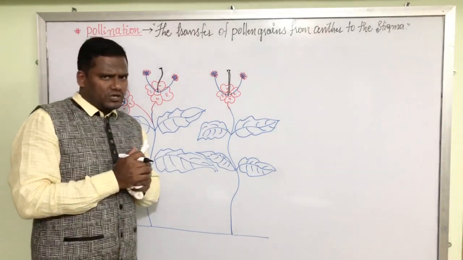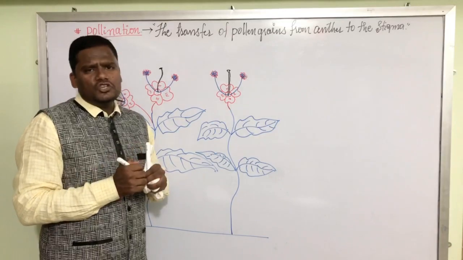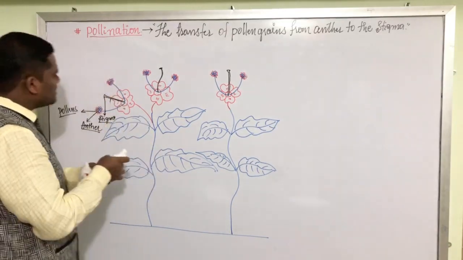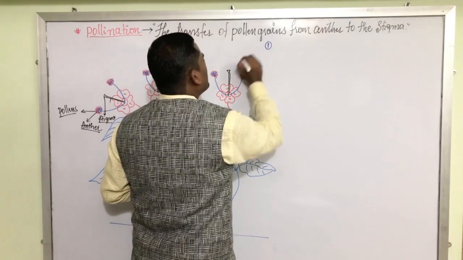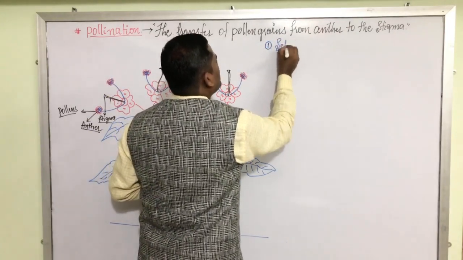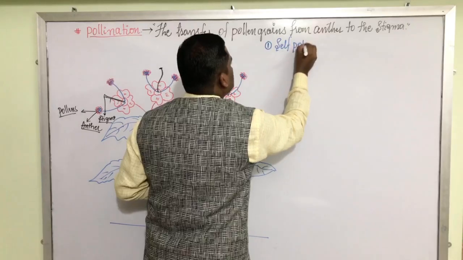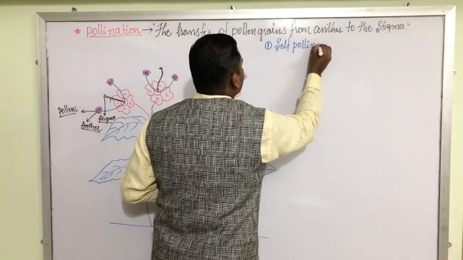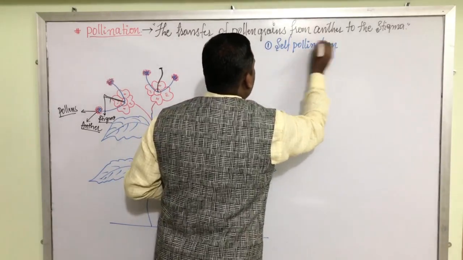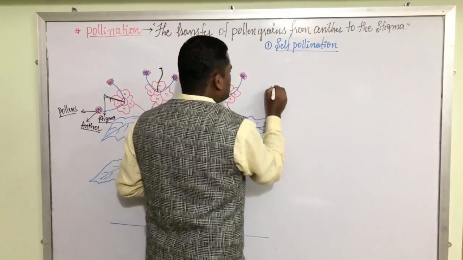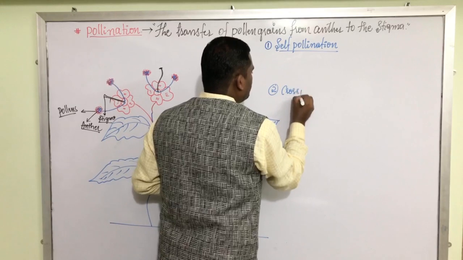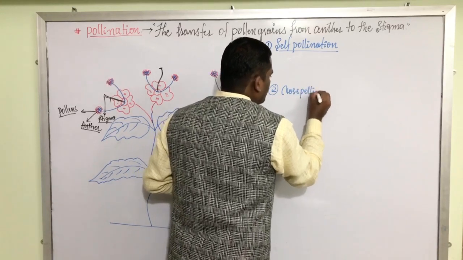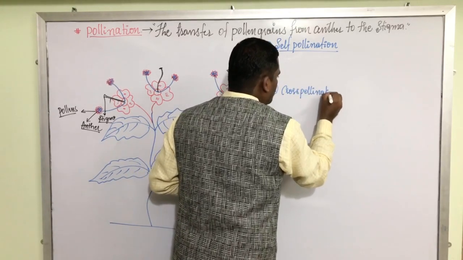Scientists have classified pollination into two types. Let us understand what are the two types of pollination. The first one is self-pollination, and the second type of pollination is cross-pollination.